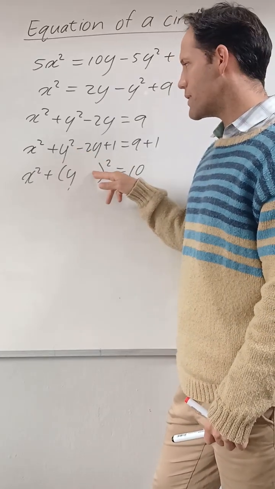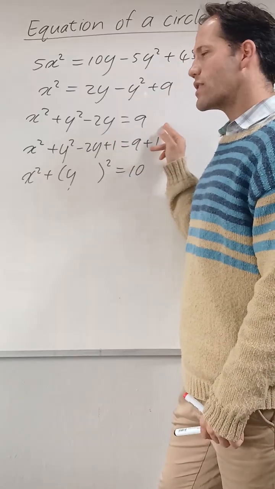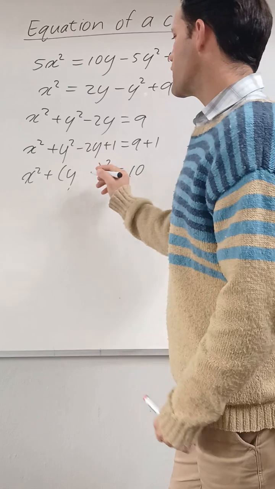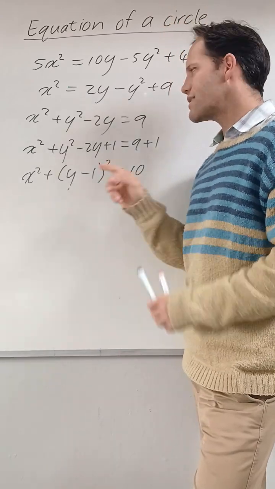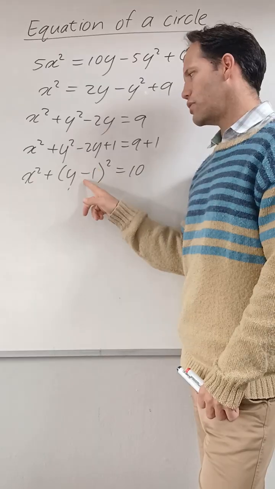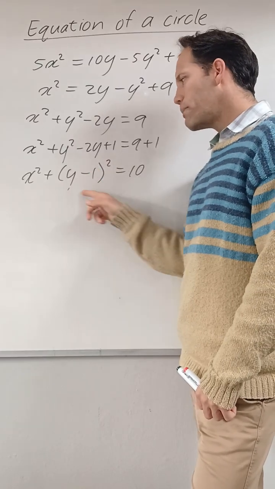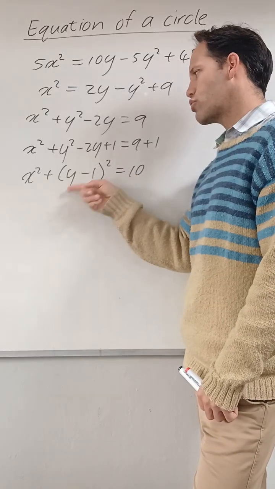So the first step is half the coefficient of y, square it, add it to both sides, and then half the coefficient of y. So negative 2 times half is negative 1, and that's what you put in there. You don't square it there. You just take half the coefficient of y, and you put it in there. And then you put the square outside. Now you've completed the square.